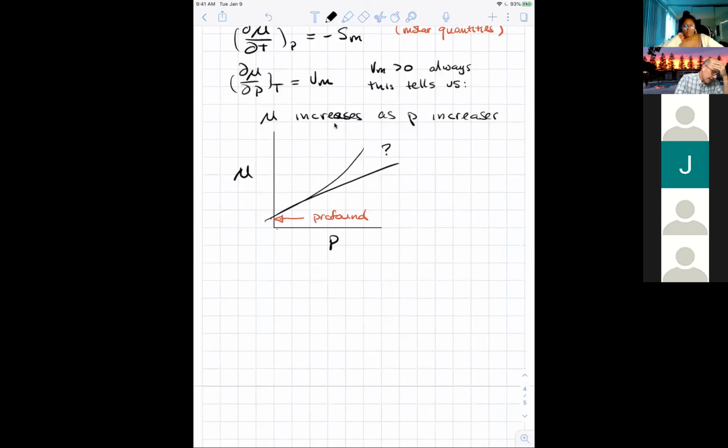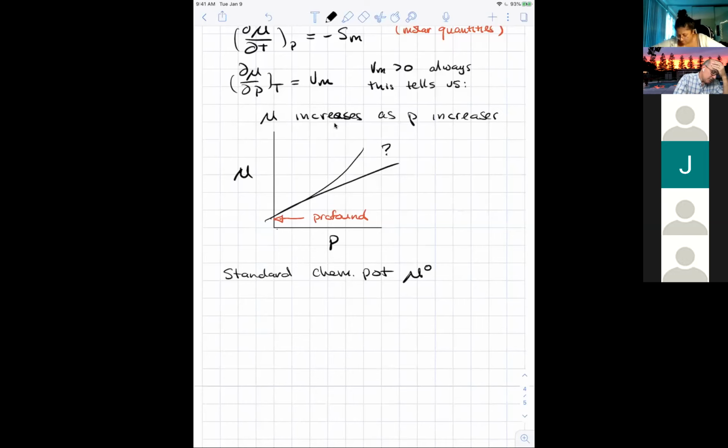So let's talk now about standard chemical potential. We're going to call this mu naught. All right, so the standard chemical potential is going to be the chemical potential in a specific phase and the temperature of interest, right?